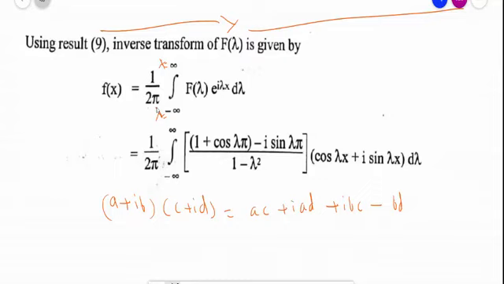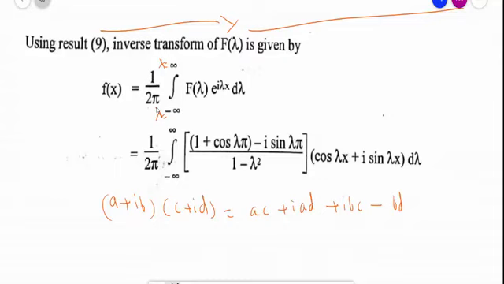Before considering this, we have to remove 1 minus lambda square outside from these two brackets, and just focus on the product of two complex numbers. This you can take as a plus i into bracket minus sin lambda pi. Means in short we have to use such type of result, a plus ib into second bracket c plus id, and its product is described as ac plus iad plus ibc minus bd.